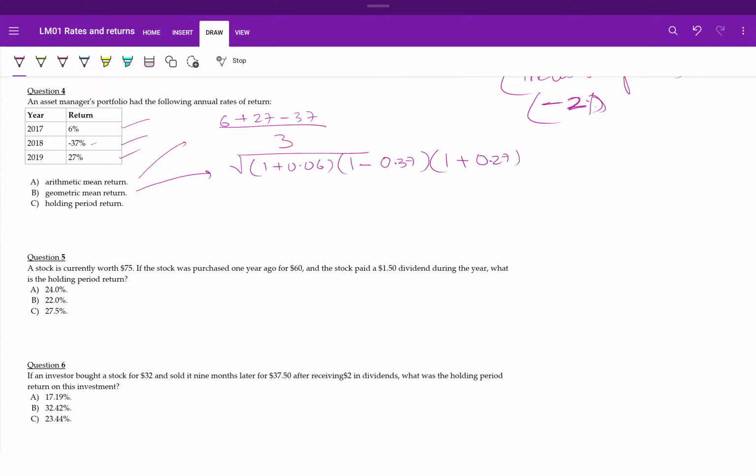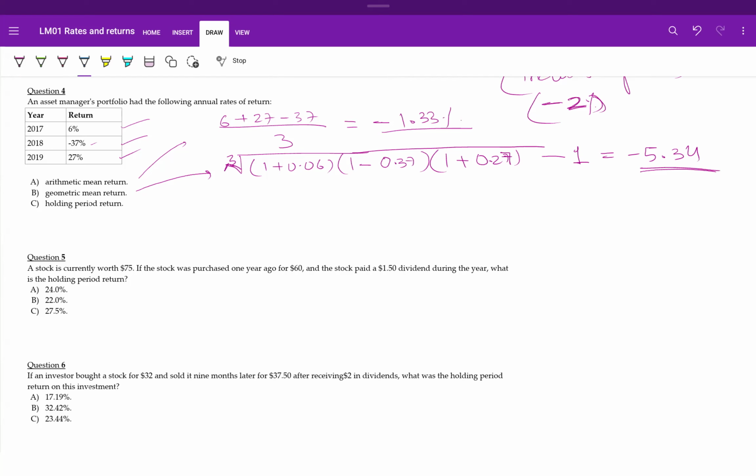I've converted those percentages into numbers so that we can calculate, minus 1 out of everything. But before that, we need to take a cube root of this. Then we calculate this. If you calculate this, it's going to be minus 5.34%. Using the arithmetic mean, it's going to be 1.33%.